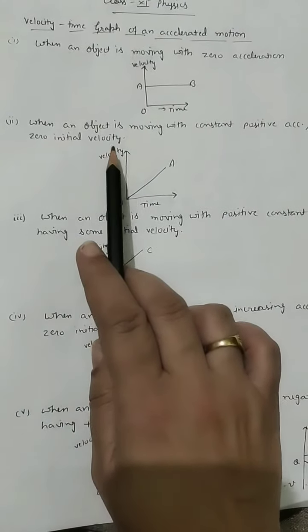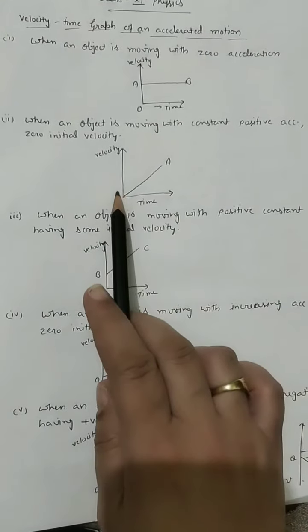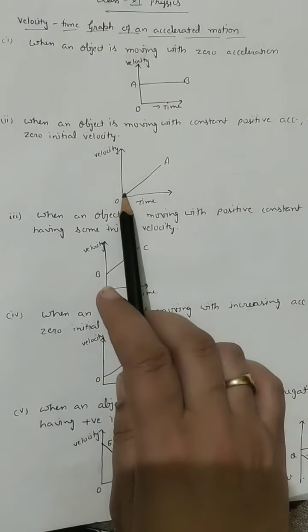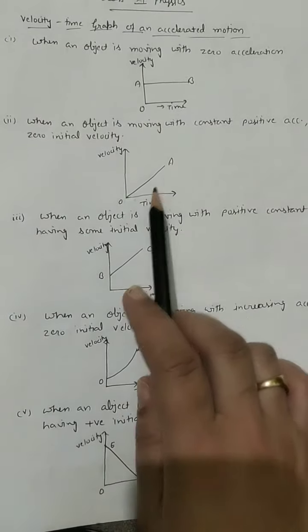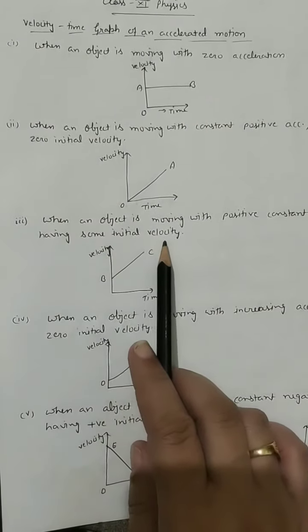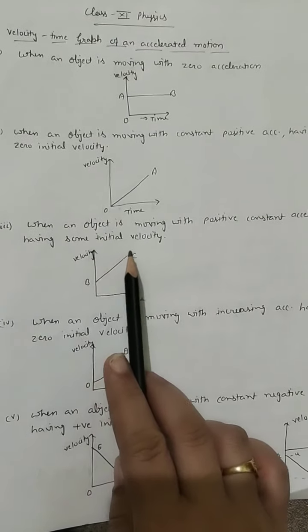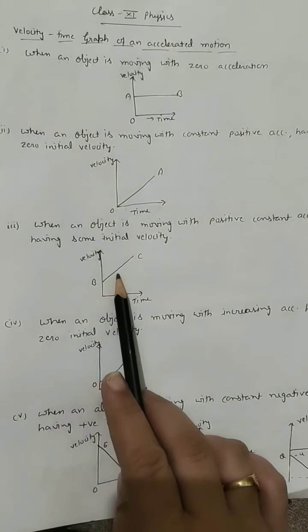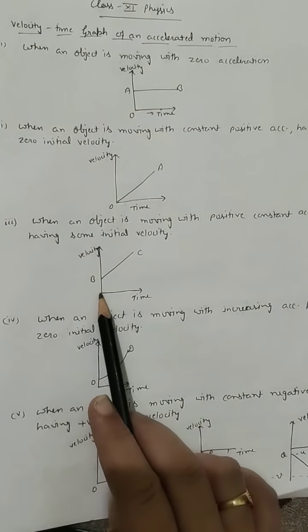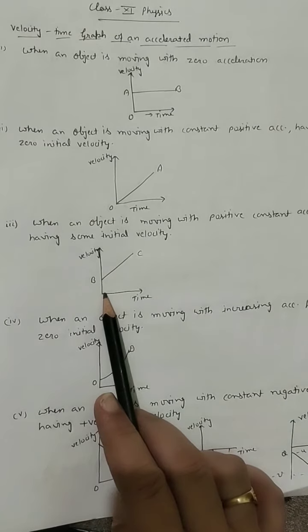Second is when an object is moving with constant positive acceleration and zero initial velocity. The graph is like a uniform acceleration motion. When an object is moving with positive constant acceleration having some initial velocity, then the graph will be like that. If we start the line from here, it means zero initial velocity.